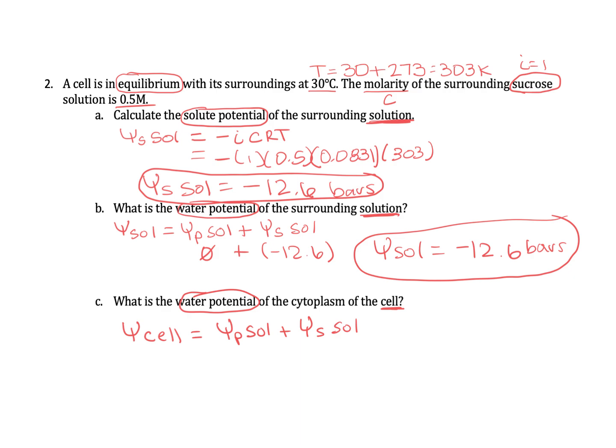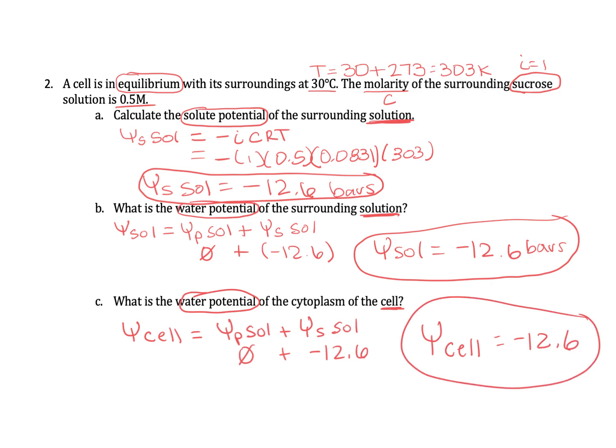So the cell equals the solution. So then we can just plug in all of our numbers. We have the pressure potential again of the solution being 0. And we had calculated in that previous problem the negative 12.6 of the solute potential. So we add all that together, and the water potential of the cell is going to be negative 12.6.